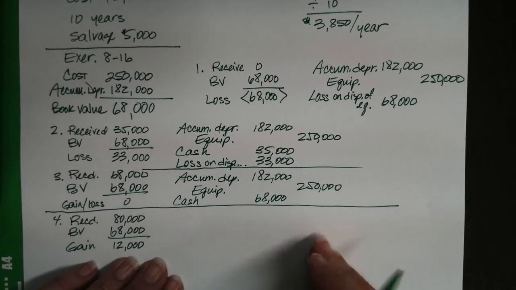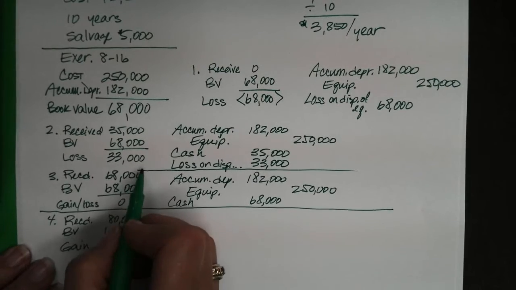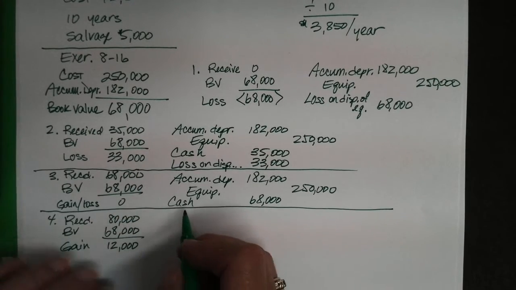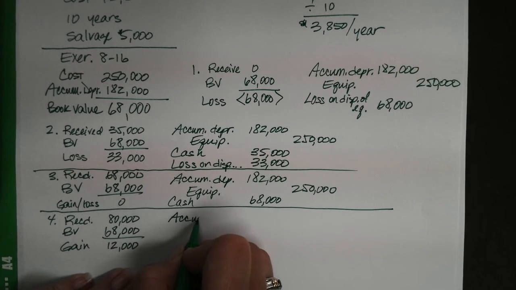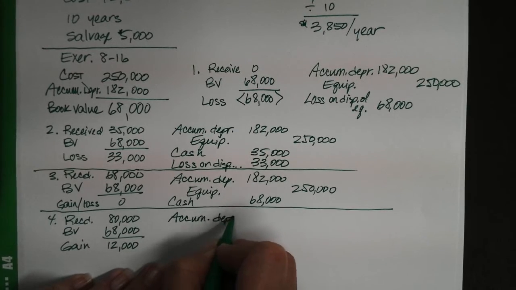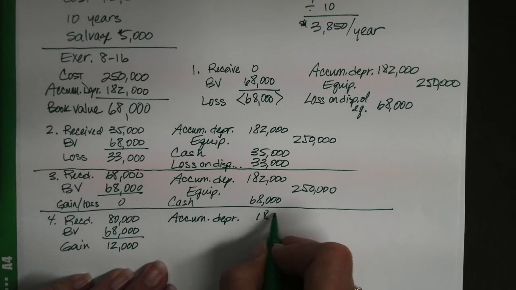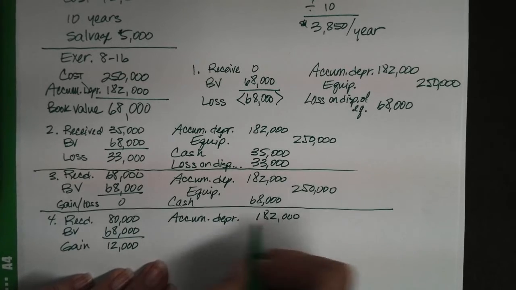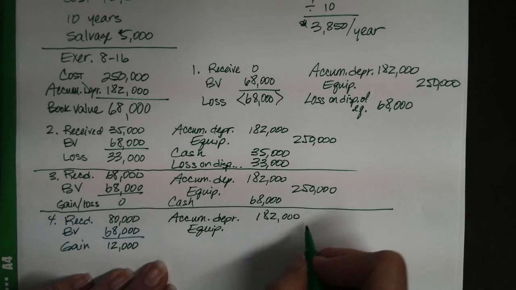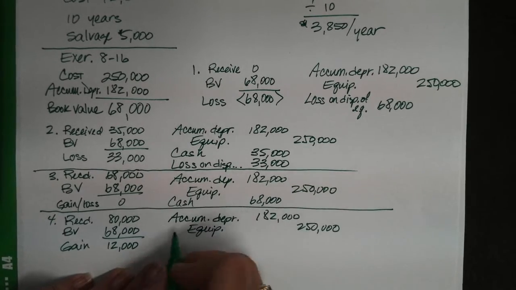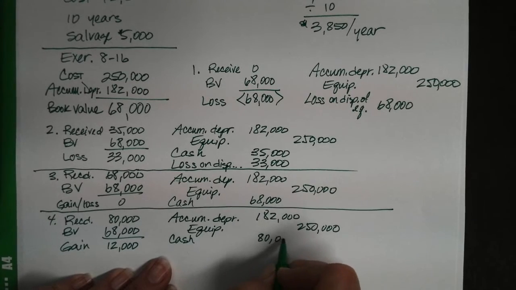Okay, so how would we record this entry? Well, same old thing. Get the accumulated depreciation off the books. Get the equipment off the books. Take in the cash of $80,000.